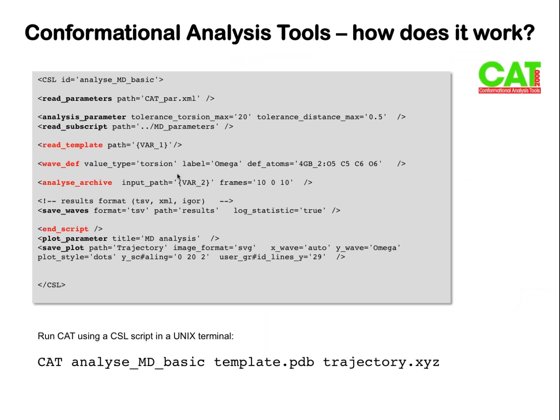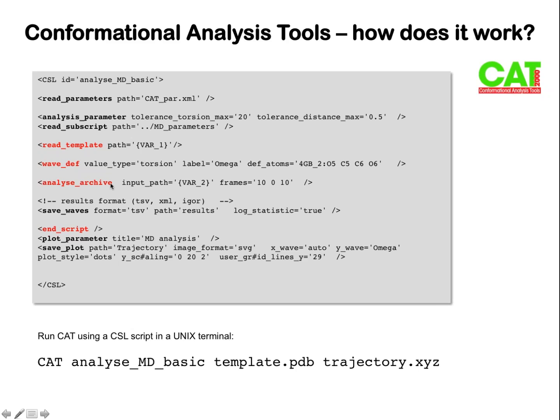This is how CAT works in principle, because it's aimed at high throughput analysis of a variety of data types, particularly MD simulation, but also glycomimetics, bioinformatics, and simply data processing. It is an XML type language. You read a template structure, for example, to define what you want to measure.